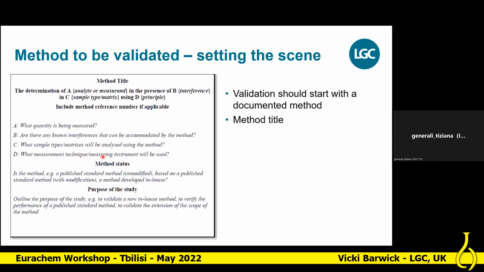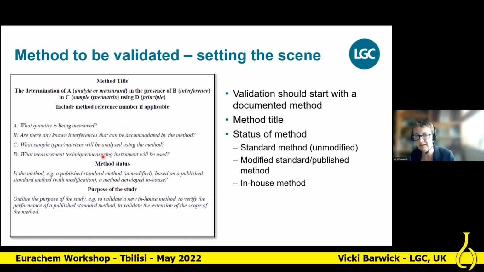The title of the method that we're validating, a reference number for that method, if applicable. And then we should be clear on the status of the method. I think Lawrence mentioned some of the categories of measurement procedure that are highlighted in ISO 17025. We may have standardized methods that have been published, and we're just using them without modification.